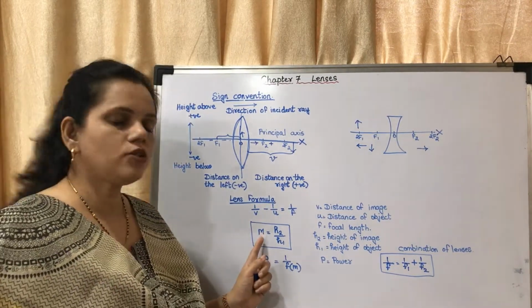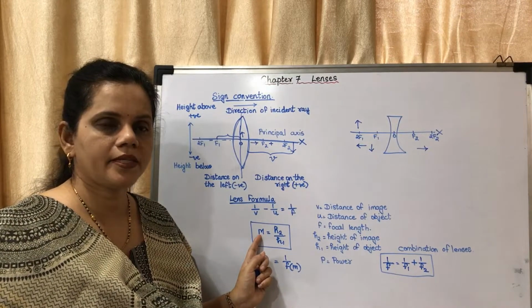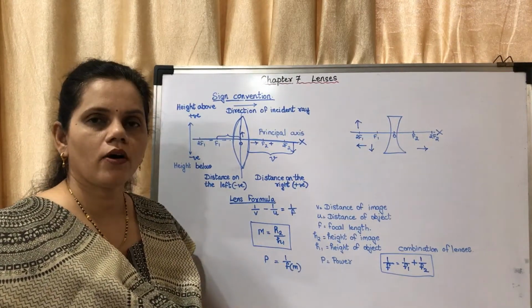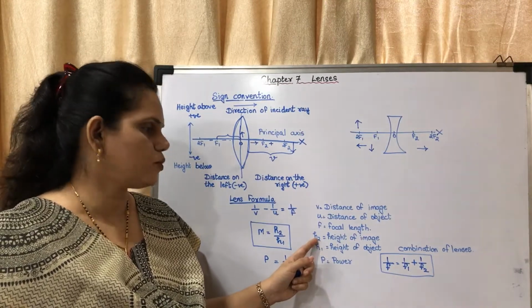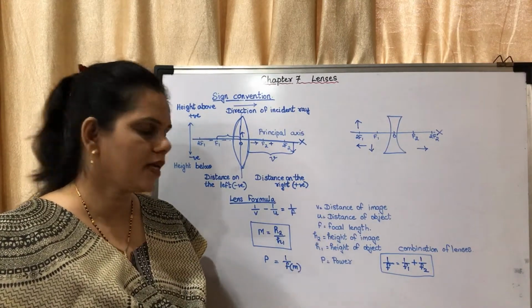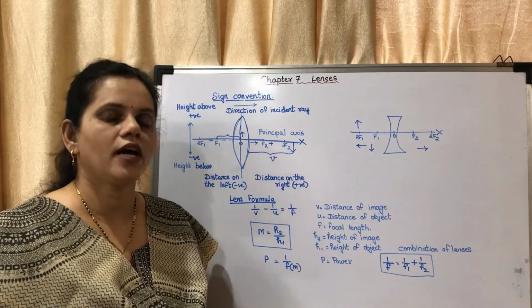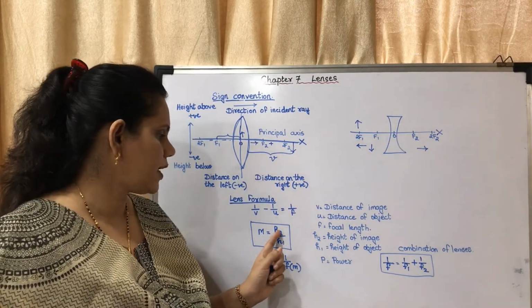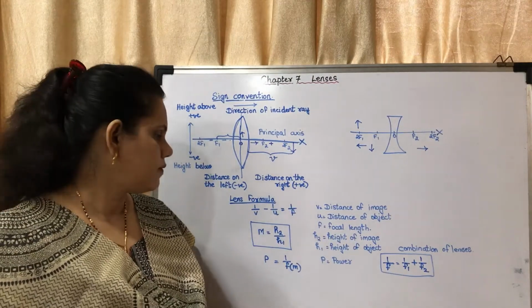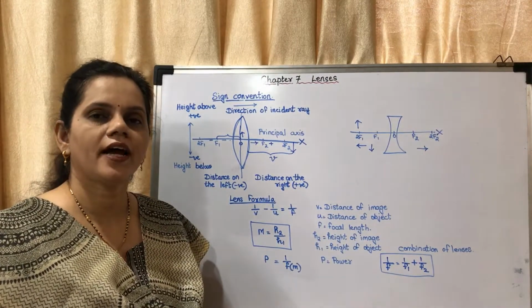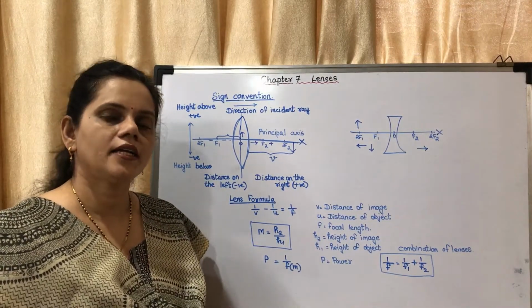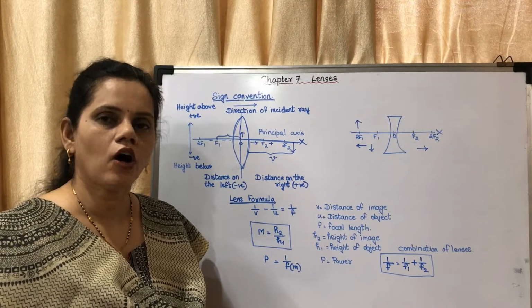So the equation to find out magnification is M is equal to H2 upon H1, where H2 stands for height of the image and H1 stands for height of the object.